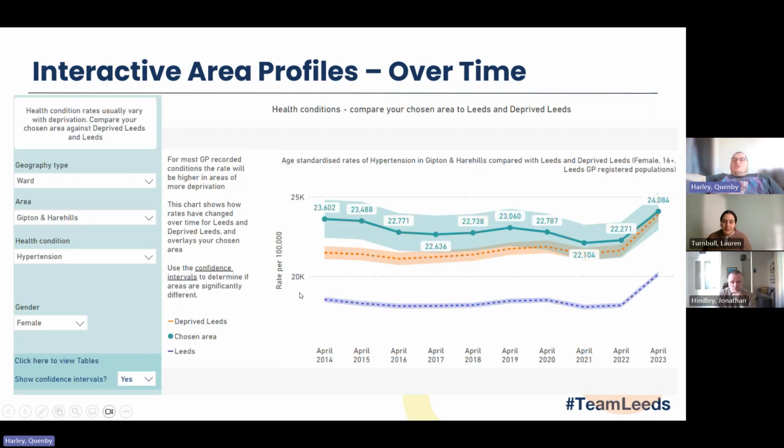Another one is you can look at the comparison of a chosen area against Leeds and against deprived Leeds. In this case, we're looking at the hypertension rate in Gibson and Hare Hills.